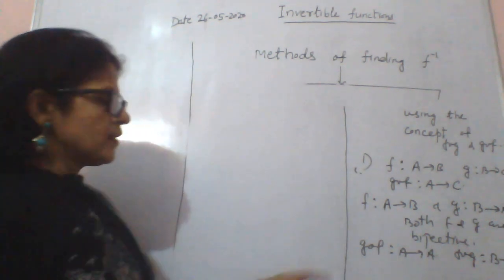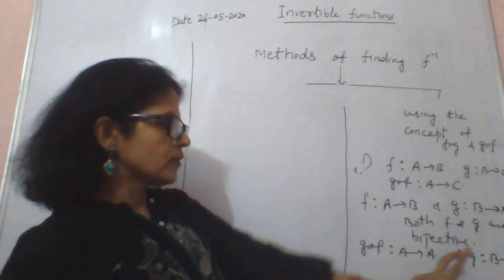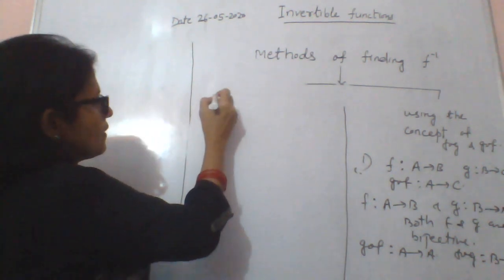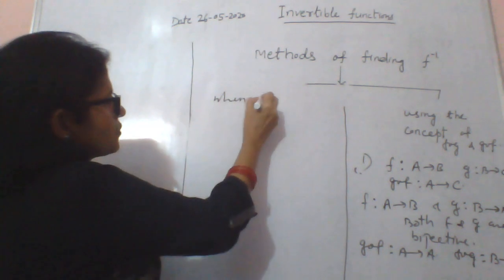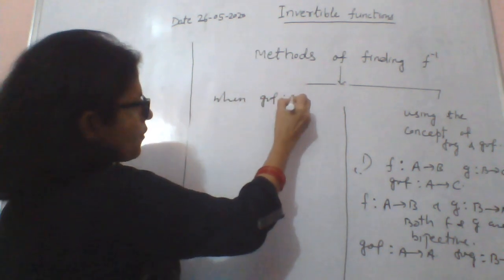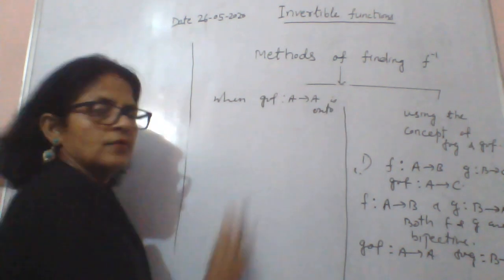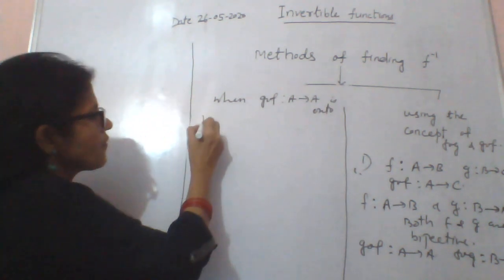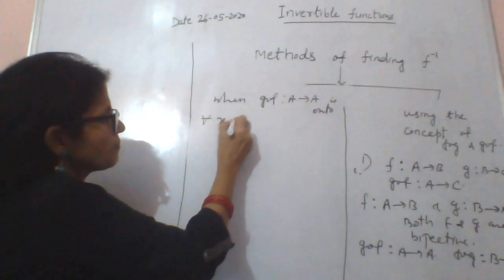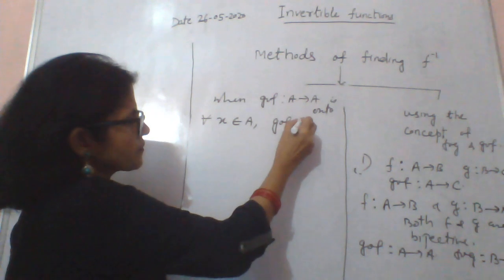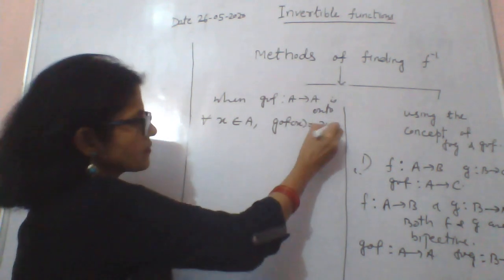So having said g of f, f of g both are onto and as well one-one. So when you see g of f from A to A is onto, it means for all x belongs to A, g of f x equal to x.